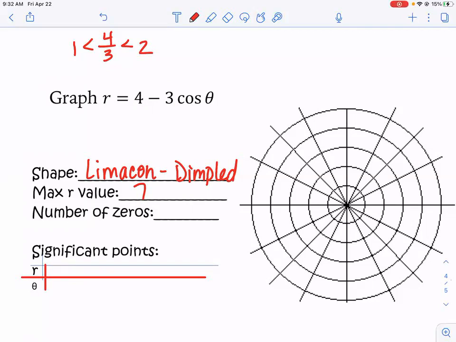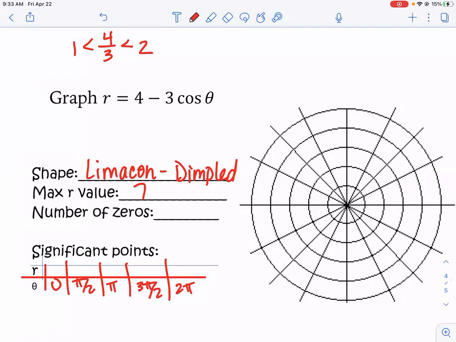Okay, so we are going to plug in 0, pi over 2, pi, 3 pi over 2, 2 pi. Pod 1 and 2, plug in 0. Pod 3, plug in pi over 2. Pod 4, plug in pi.